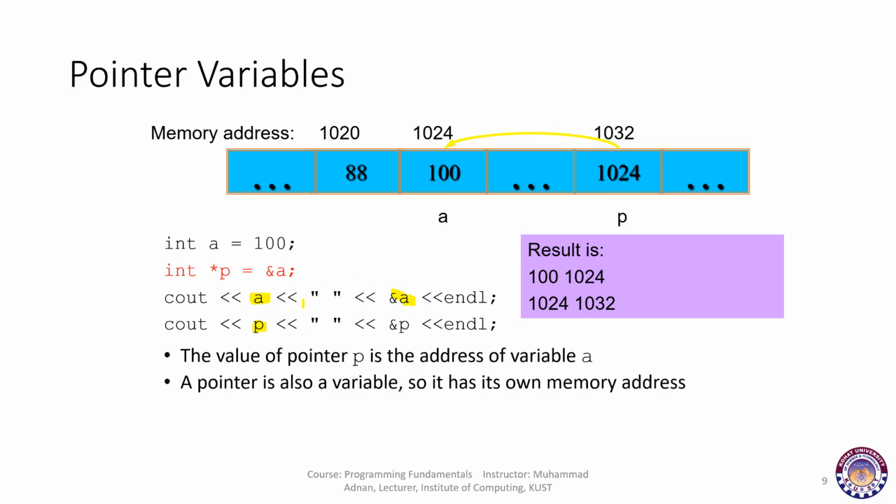But if you write the ampersand sign p, then it will print the address of the pointer, which is 1032. The value of pointer p is the address of variable a. A pointer is also a variable, so it has its own memory address. Just as you see here, it has the memory address 1032.